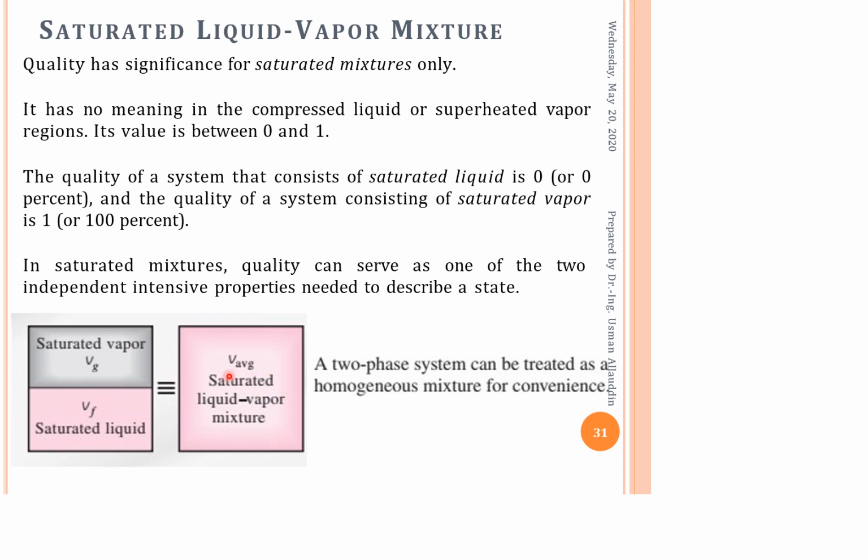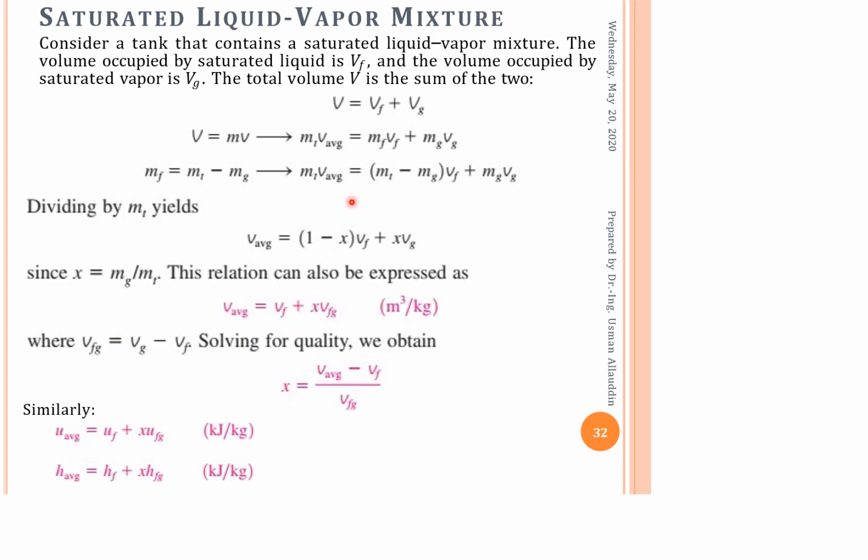There is no need to get into the derivations because they aren't necessary from the exam point of view. So from this derivation we can find the value of x, which is our quality. After the derivation we got this formula, which involves v average.